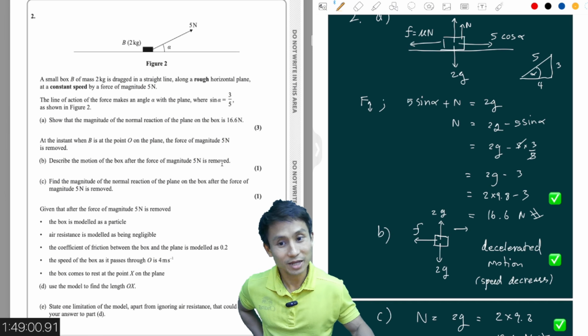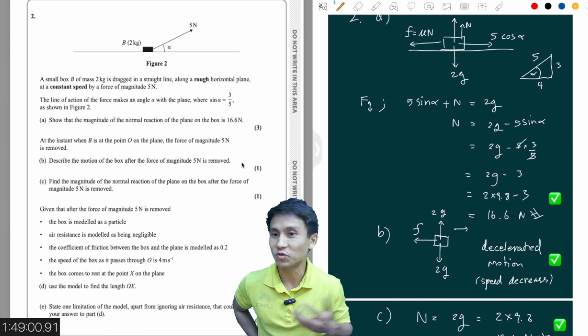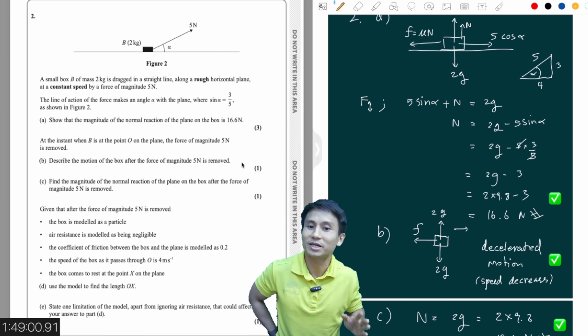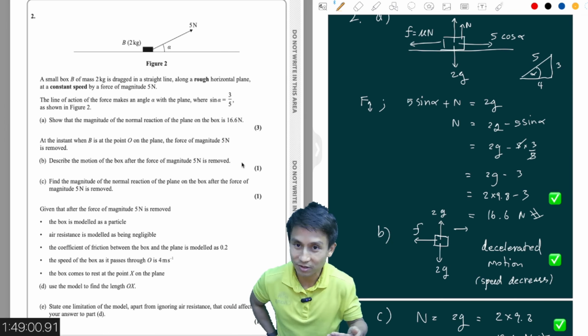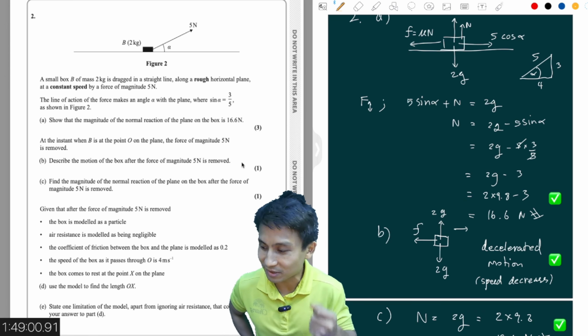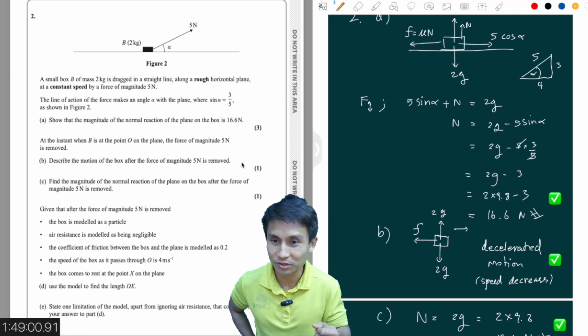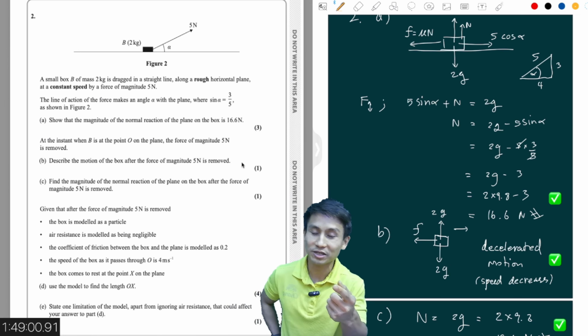Describe the motion. Yeah, this can be tricky. If you don't do physics, then this might not be obvious, right? When you have something moving, and then you put it in a state where there is a force retarding the motion, in this case, it's friction, because we didn't remove friction.